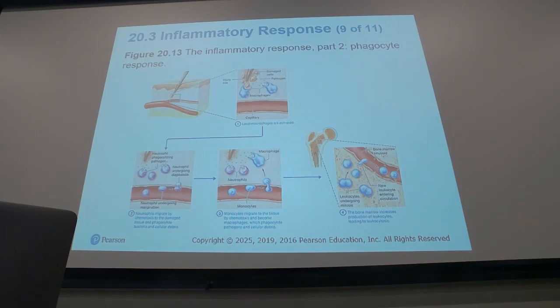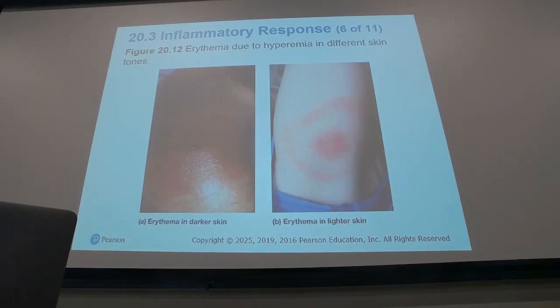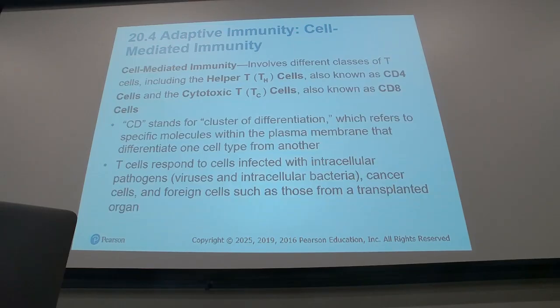But signs of acute inflammation will be increased number of neutrophils. So this is erythema in darker skin and erythema in lighter skin, due to hyperemia, basically having more blood flow within that area. So that's all for the inflammatory reaction. Do you have any questions?